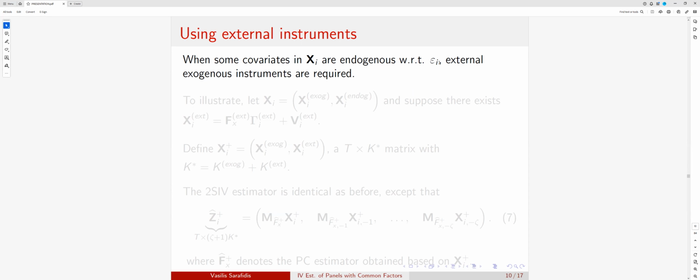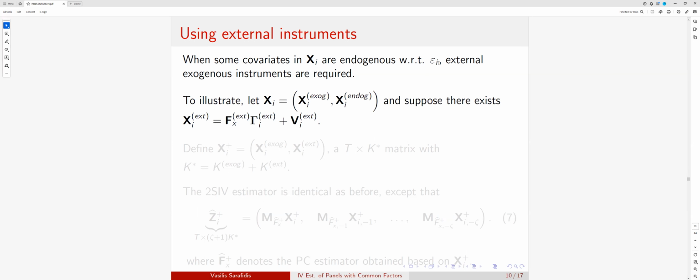This situation could arise, for example, under reverse causality, that is when x influences y, but at the same time y influences x. Now, our approach remains valid in this case, so long as there are external instruments available. This is a standard IV requirement.